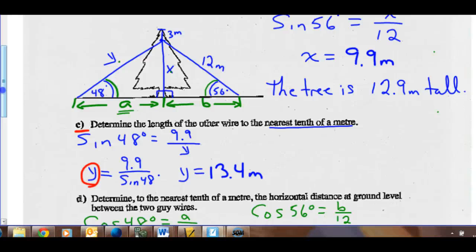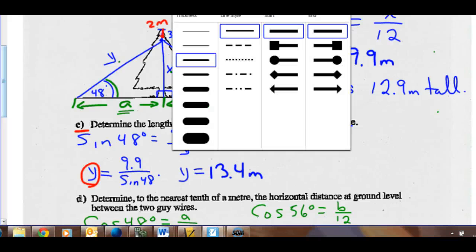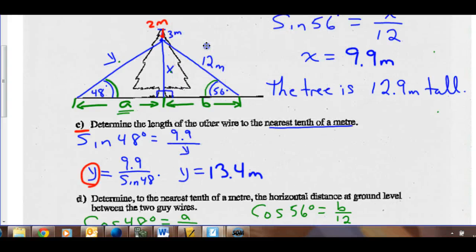So instead of 3 meters, it's attached 2 meters down. Let's recreate this diagram now. It's attached here, and same length, so the length is still 13.4 meters, but it's not going to be able to reach all the way there now. So there's a new angle developed here.